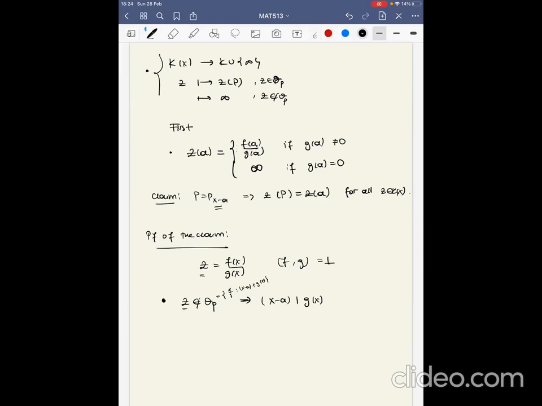So if z is not in O_P, x minus a divides g(x). In other words, g(a) is equal to 0, and by the definition of z(a), this is infinity, and by the definition of the residue class map, this is also infinity, and we get the equality.